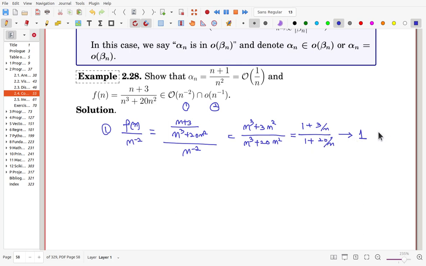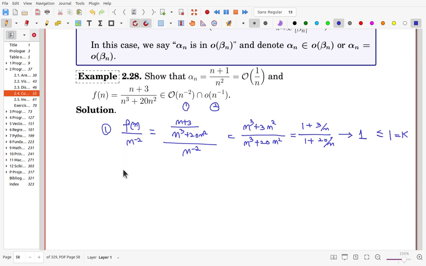In fact, it's converging to 1 from below, so it's always bounded by 1. So it is playing the role of k. The ratio is bounded by 1, which is k, so we can say f is in big O of n to the minus 2.